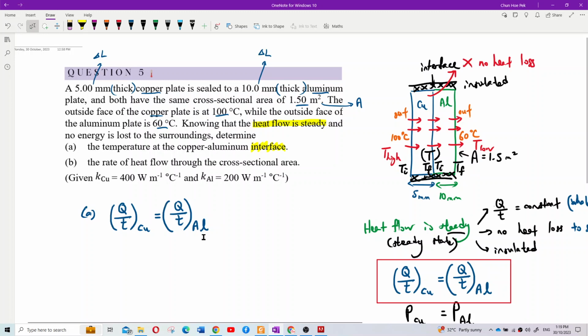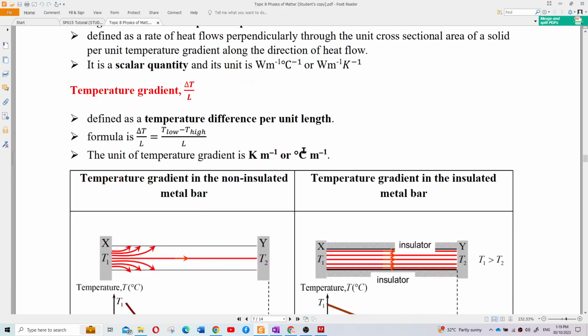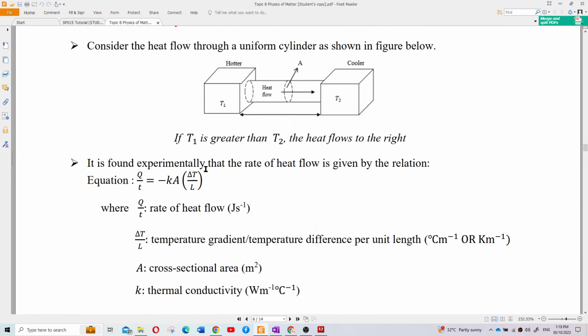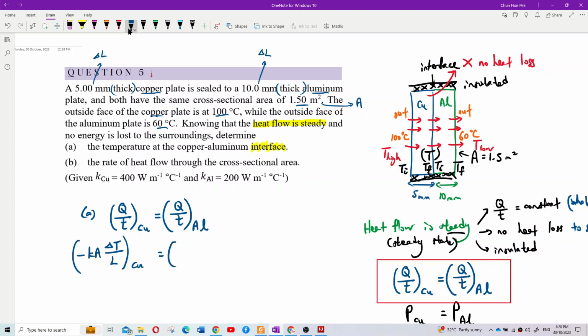And then what formula do we substitute? Remember the heat flow is the same, steady state. So what formula are we going to use? This formula, Q over t equals negative k A delta T over L. So substitute that formula: negative k A delta T over L for copper equals negative k A delta T over L for aluminium.